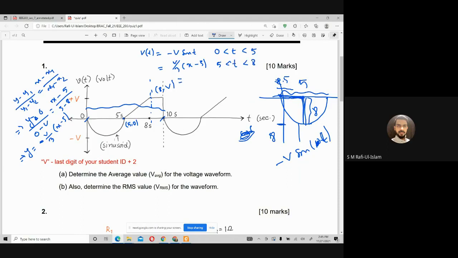Then it's a constant value of v when 8 less than t less than 10. Am I clear? Is it correct?